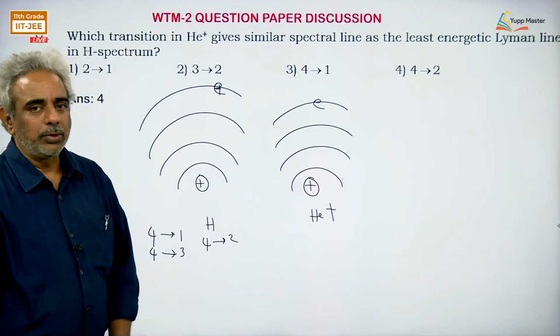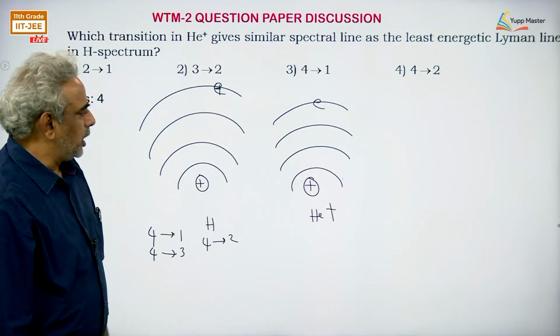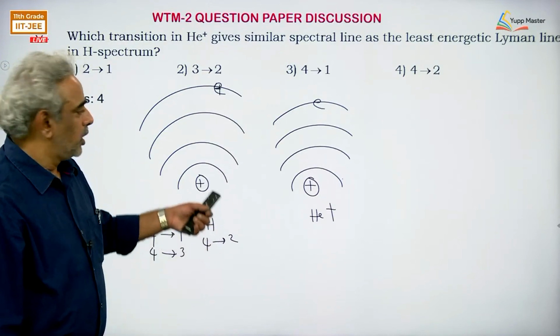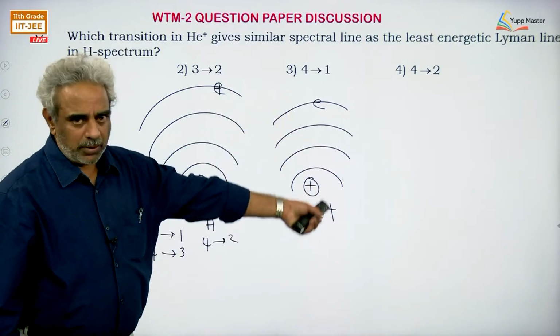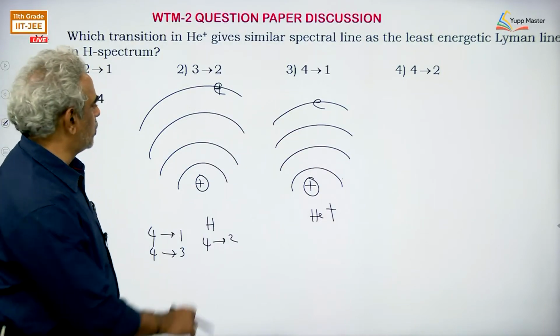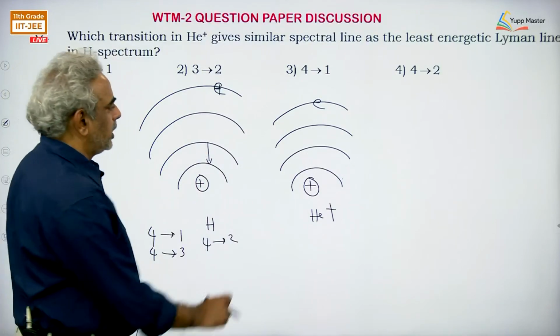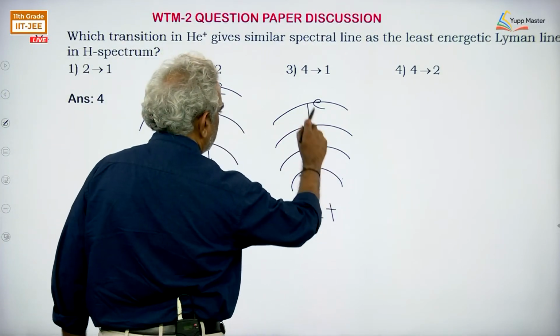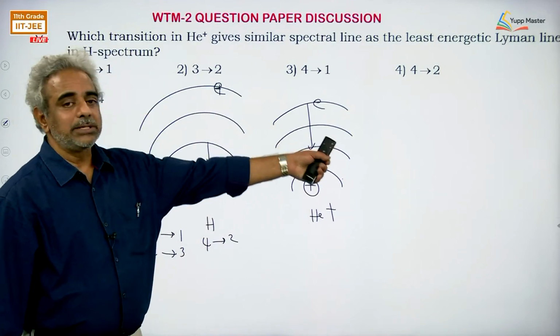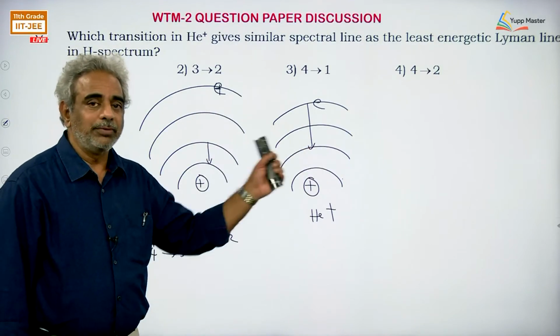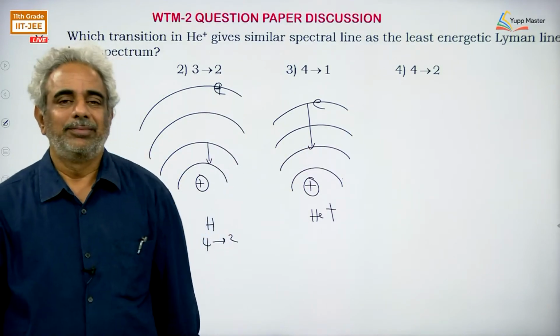Here what I would like to tell you is, while counting the number of spectral lines, suppose 2 to 1 is there, and here 4 to 2 is there, do not count them as different transitions, both of them are same.